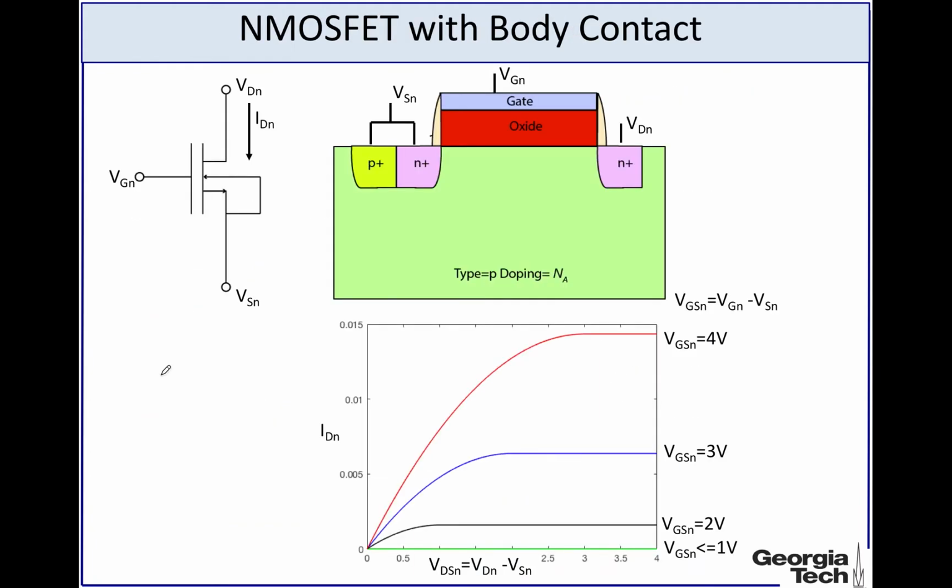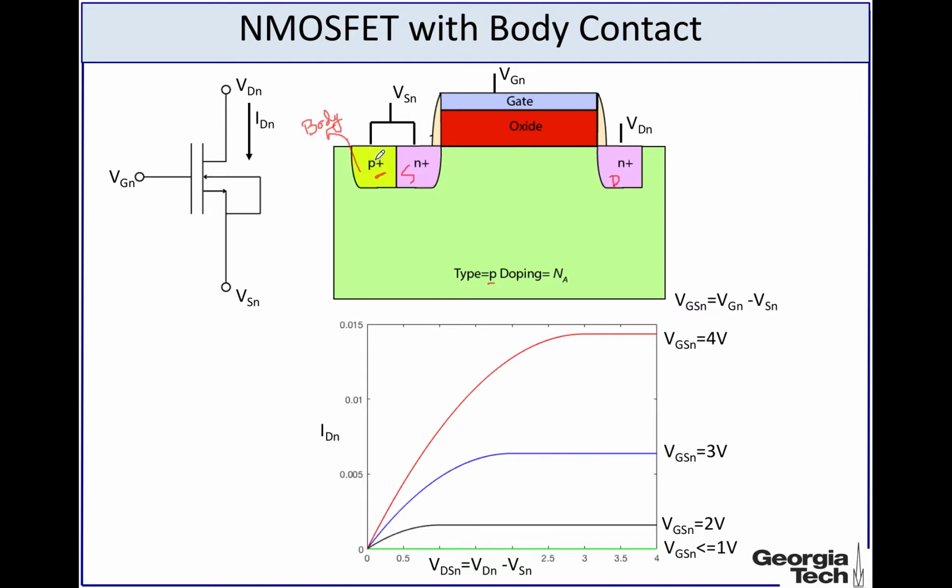In this slide we're showing the NMOSFET with a body contact, and what you can clearly see here is that we have an extra P plus contact. If you look at this NMOSFET, the body is P type, then you have the source here which is N plus type, and the drain here which is N plus type, and just next to the source you have this P plus contact, which we call the body contact.